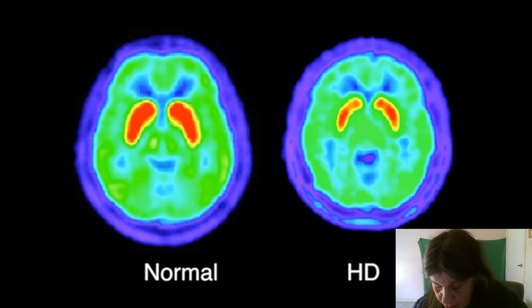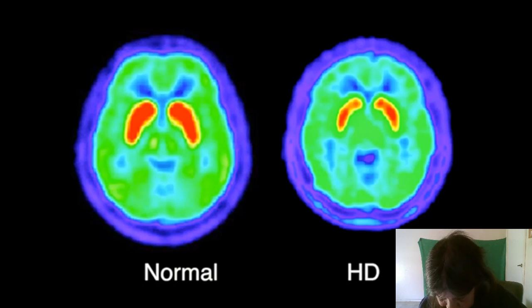Slow or abnormal eye movements, impaired gait, posture, and balance. Difficulty with physical production of speech or swallowing, which means they may drool because they can't swallow like you and I can. And their speech may be a little slurred.